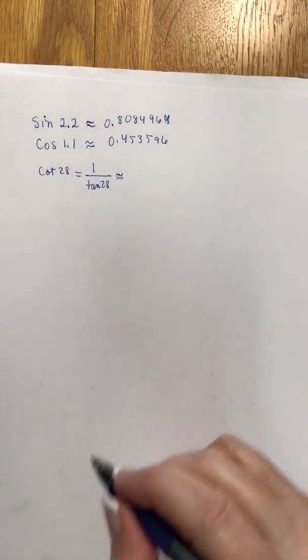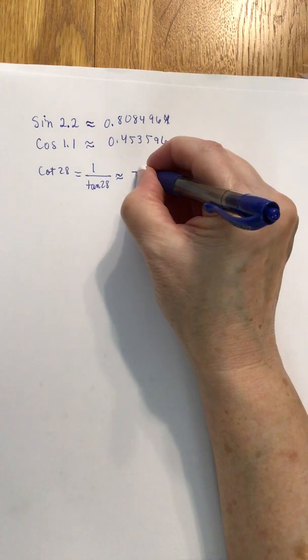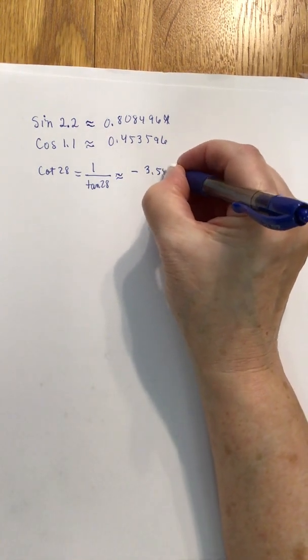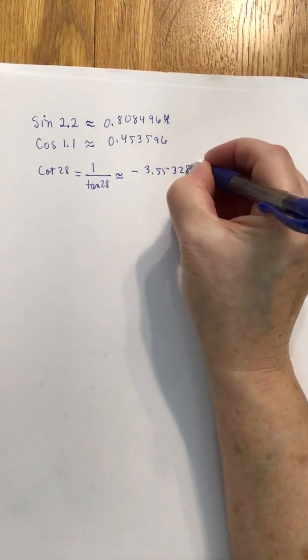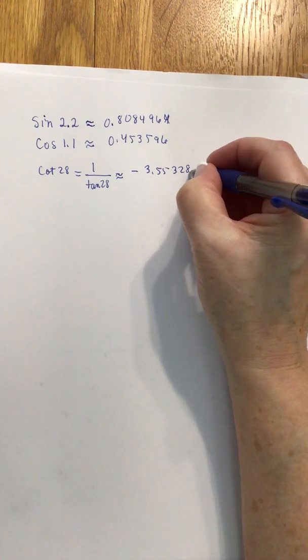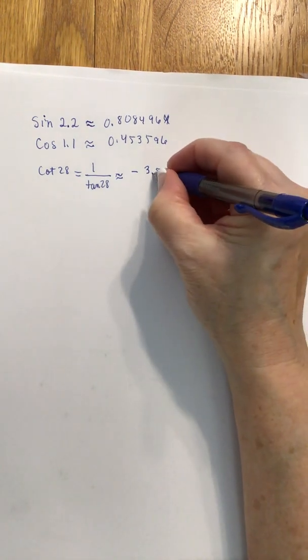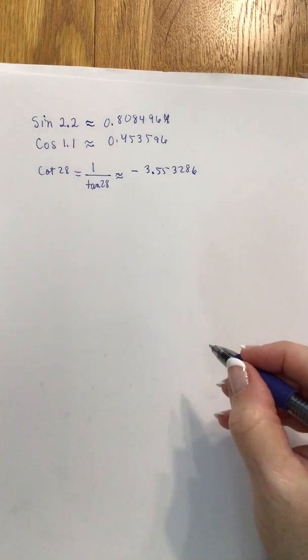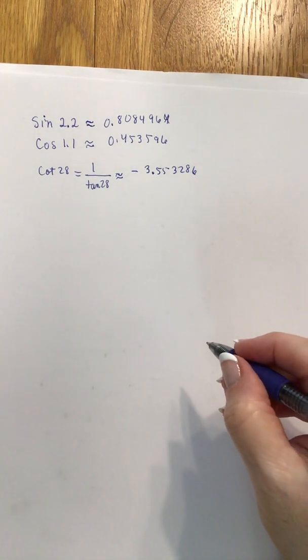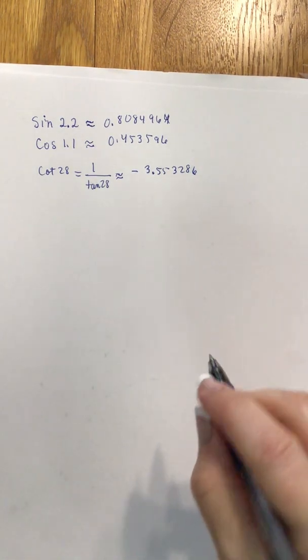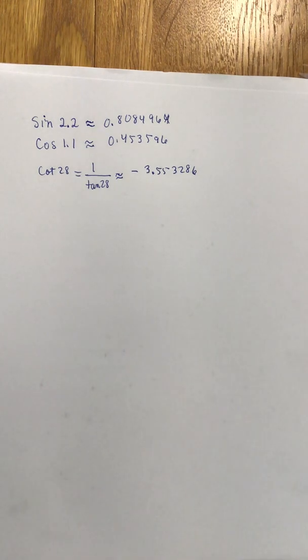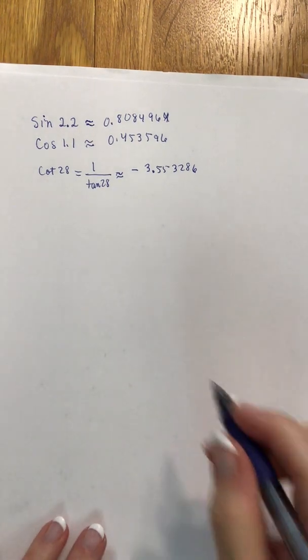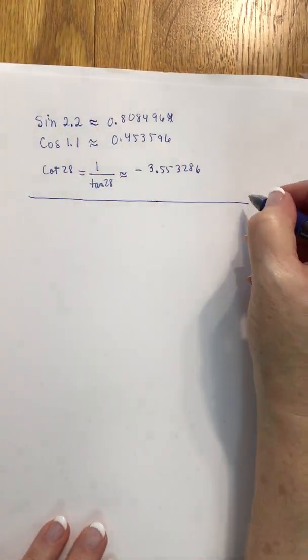And you should come out with that one as negative 3.55328. Okay, so we're okay with that? So reading values off the calculator.